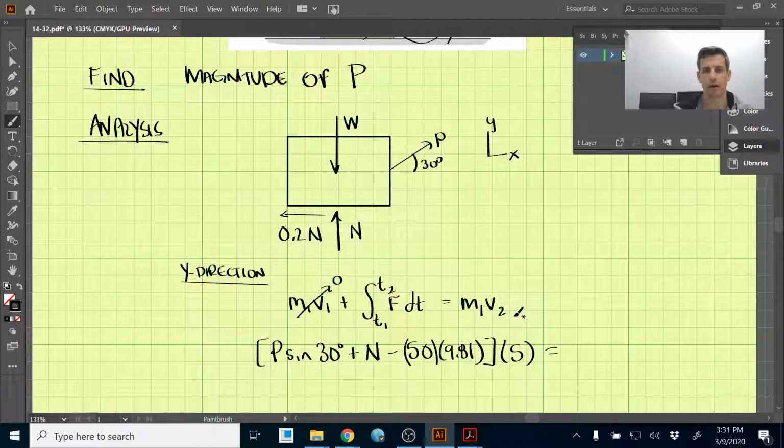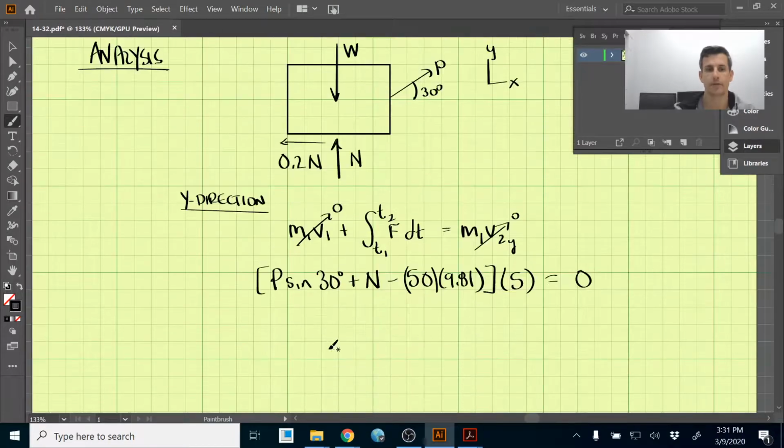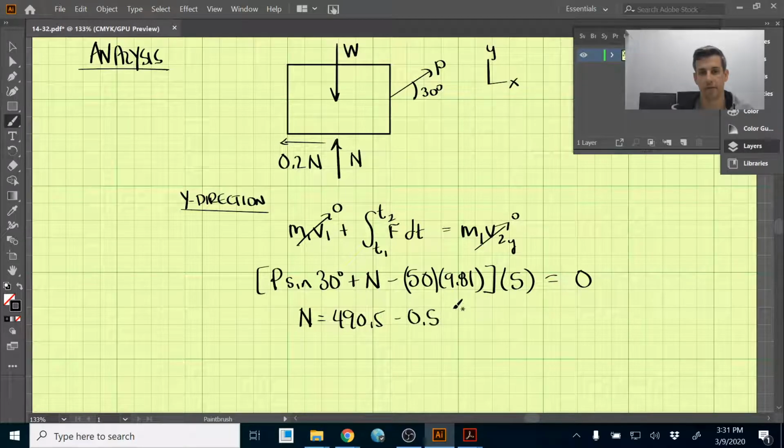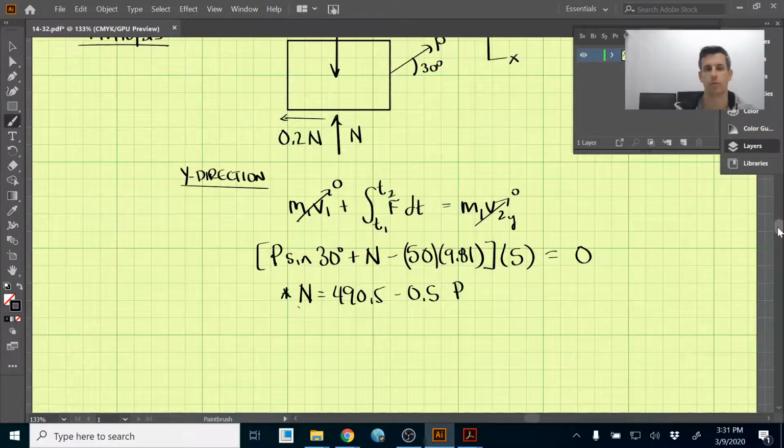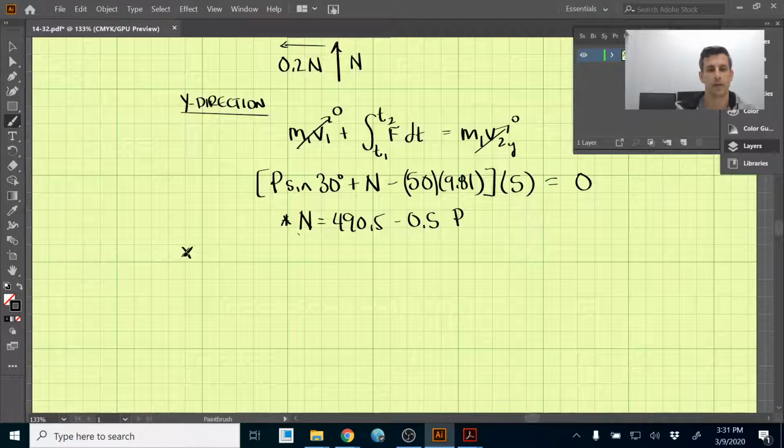But we're just talking about the y direction here, and there's 0 velocity in the y direction, so this side is also 0. Solving for that, we get the equation for the normal force, which is 490.5 newtons minus 1/2 P. Okay, so that's the normal force, and we're going to need that in the x direction when we do the x direction equation. So let's go to the x direction.